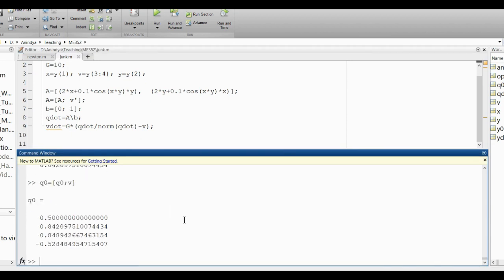My initial condition is given. Let's try it and see. Let us say t and some arbitrary vector q is equal to ODE45 junk, which I have saved. Initial conditions. Now initial conditions don't matter. I'll try 0 and 20 or something. It will be fine. And then, sorry, this is the time interval. That doesn't matter. The initial condition is very determined.